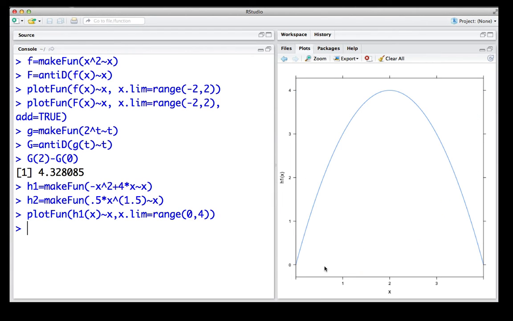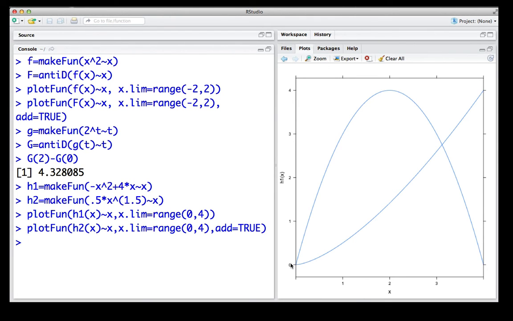If we plot h1, we get something that looks like an upside down parabola there. And if we plot h2, we get this curve here. The question in the lecture module was, what's the area between these curves?